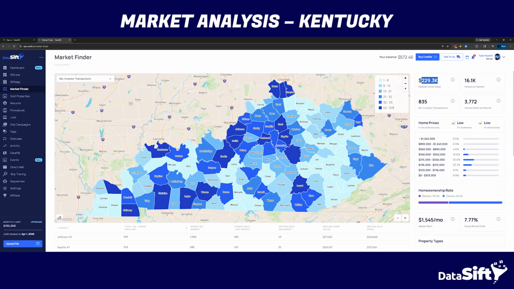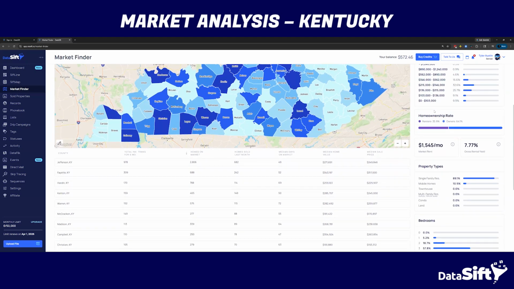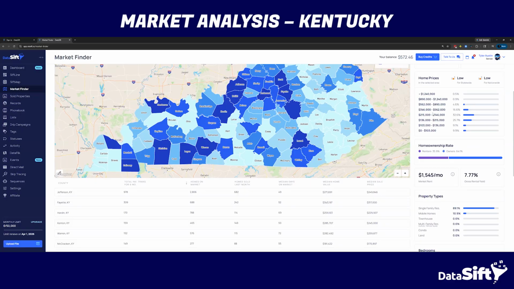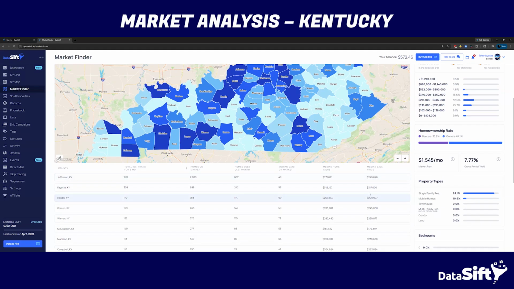So it could be a really big alarm that I would want to analyze that market to figure out why the values are so low, and then make a decision as an investor if it's somewhere I want to operate. It could turn into a quadruple millionaire maker, because you can buy stuff really cheap and it could be worth 5 times the amount in 5 years for all I know, right? But you've got to do that analysis to see if you want to operate there, okay?